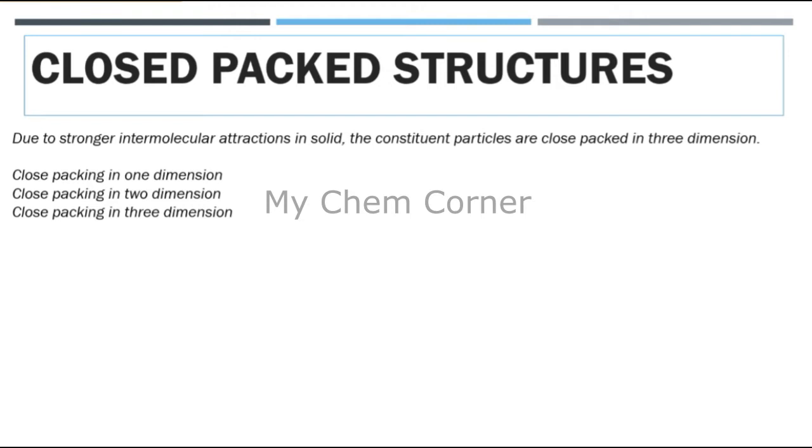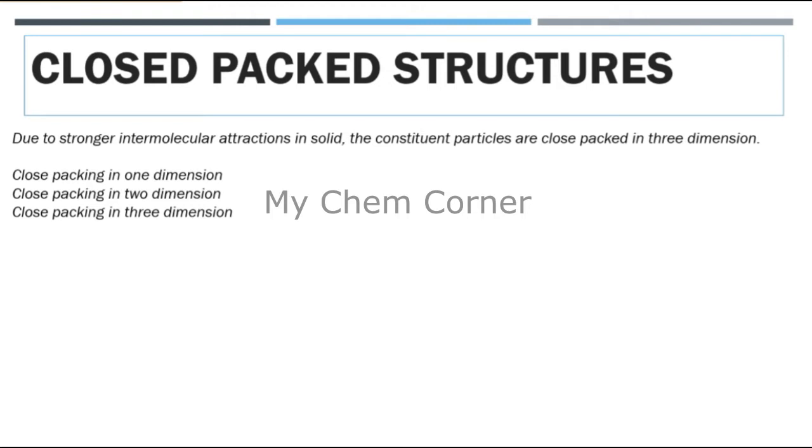But otherwise, a lot of imagination about how these atoms are going to be placed in a 2 and a 3 dimension. 1 dimension, yes, can be drawn on a paper. It's easier to identify, it's easier to understand. But when you move into 2 or 3 dimension, you're moving into other axes when you're looking at it. So there, a lot of imagination is required when you're trying to understand close packed structures in 2 and 3 dimensions. That's why I told imagination of how these atoms are going to be arranged would be helpful.